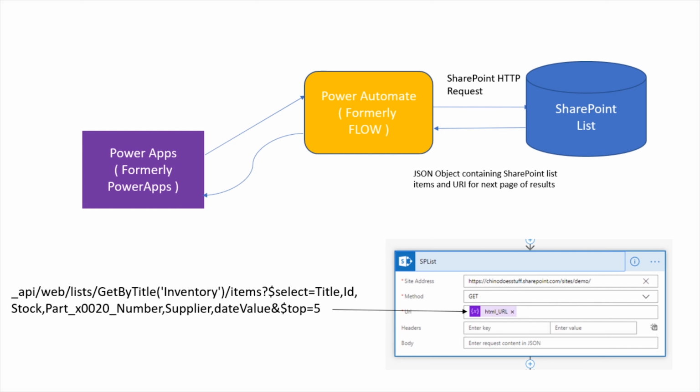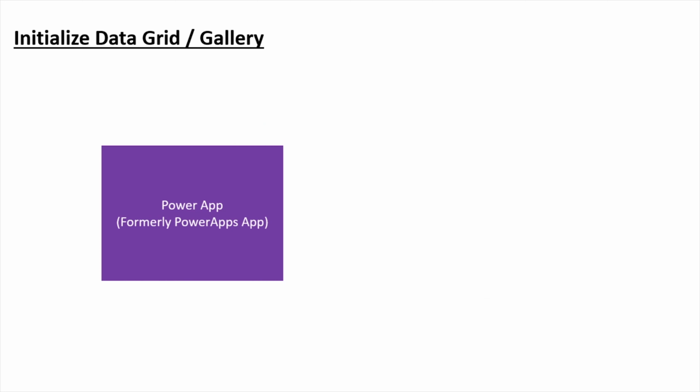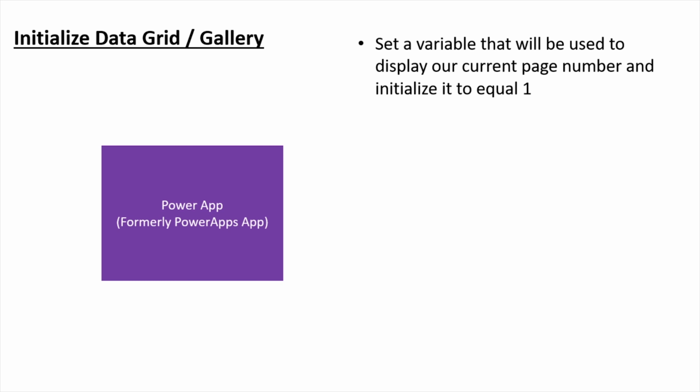What happens next is Flow sends that object back to Power Apps. So let's take a look at how we initialize our data grid or gallery for paging. The first thing we do, and we can do this as a refresh button, on app load, any way you really want, or even when the screen loads.